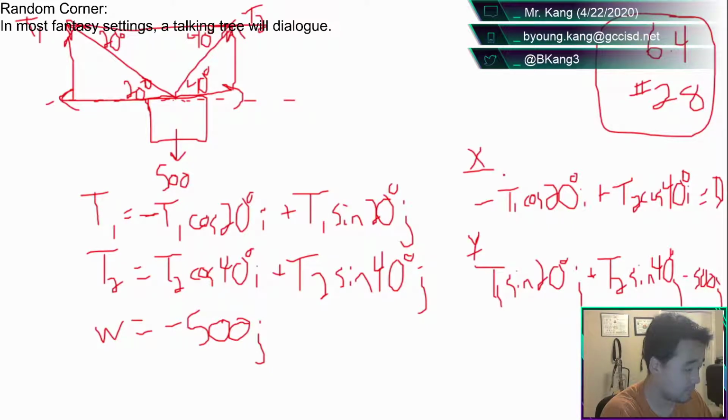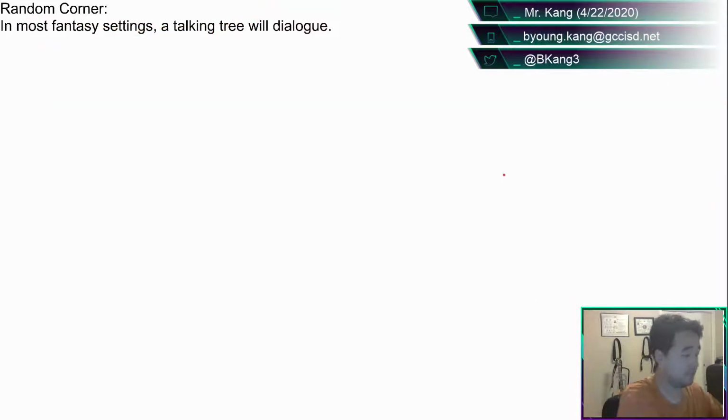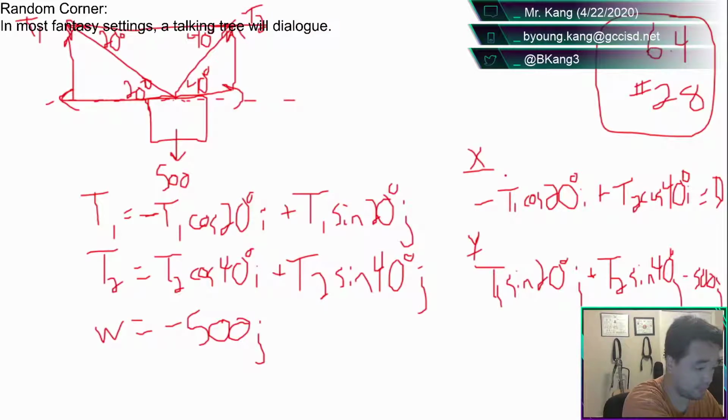We can just do, let's see, what would be the easiest method for solving this out? It looks like the T1s would add together, but they have different coefficients, so that doesn't work. We'll just do substitution. So we'll rearrange the first one.